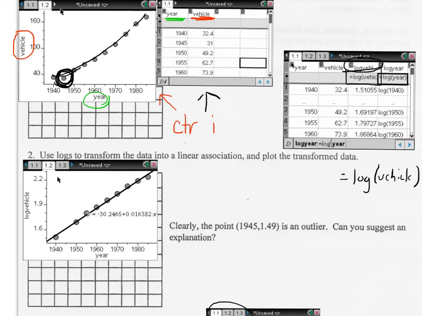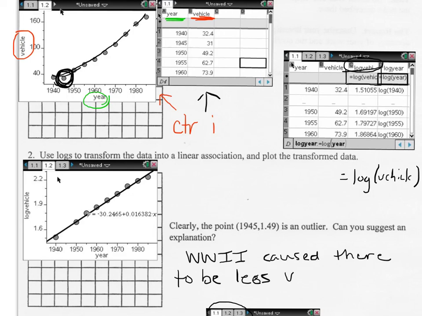That was all being directed towards the military. So World War II caused there to be less vehicles made, and that was due to the shortage of metal that was needed to produce stuff for the war.